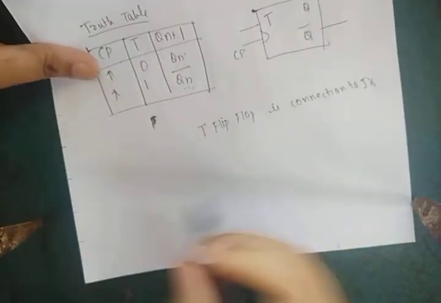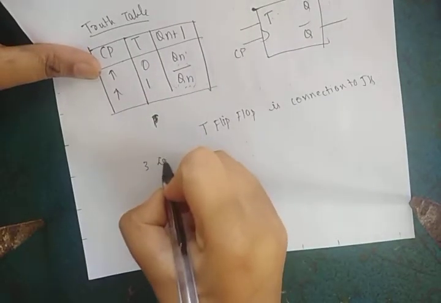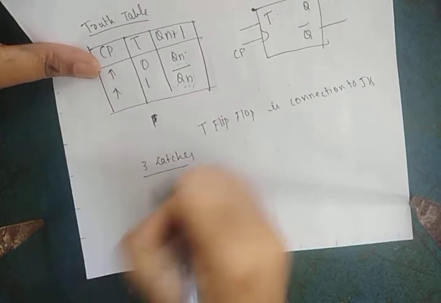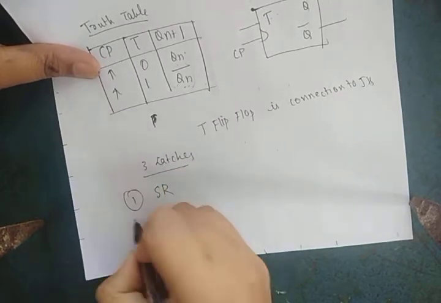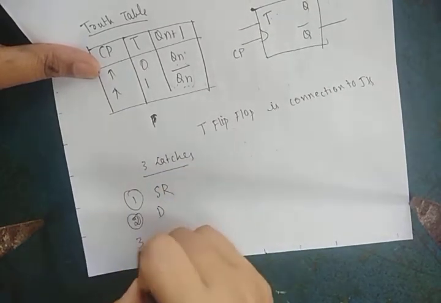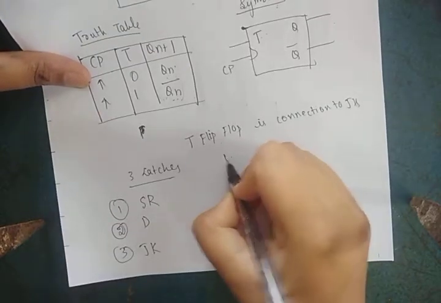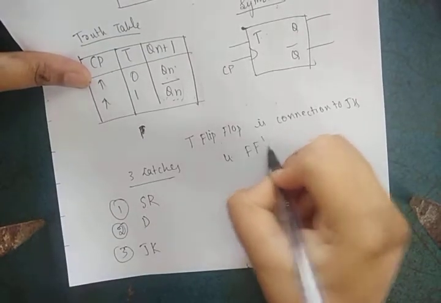So in total we have studied 3 latches: one is SR, second is D, third is JK. And we have studied 4 flip-flops.